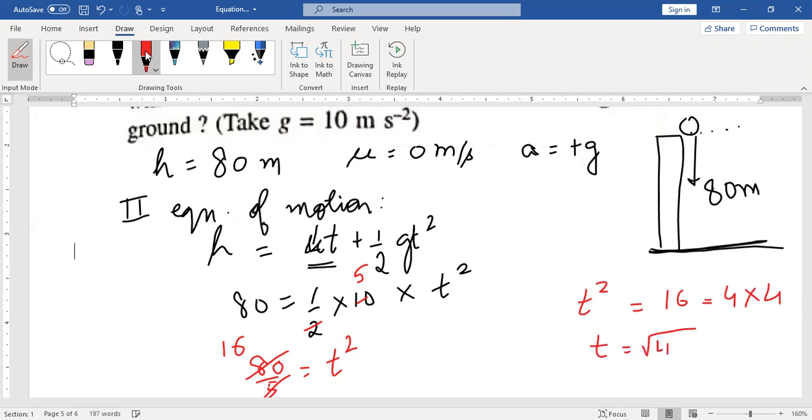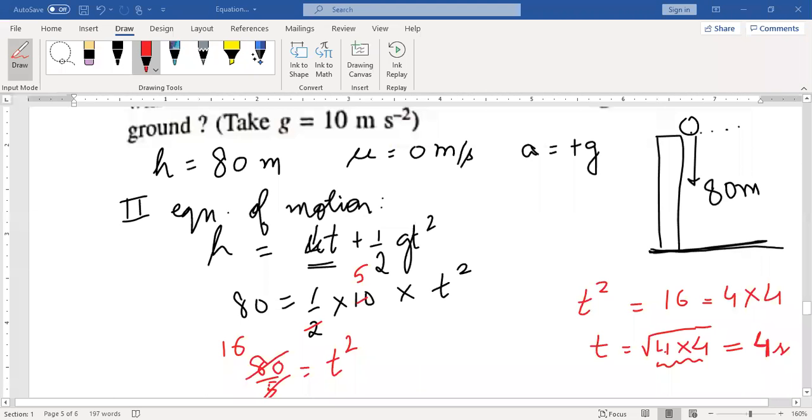Square root of 4 multiplied by 4, which comes out to be 4. Out of this pair, you have to only write one number, that is 4 seconds. So this is your time, that is 4 seconds.